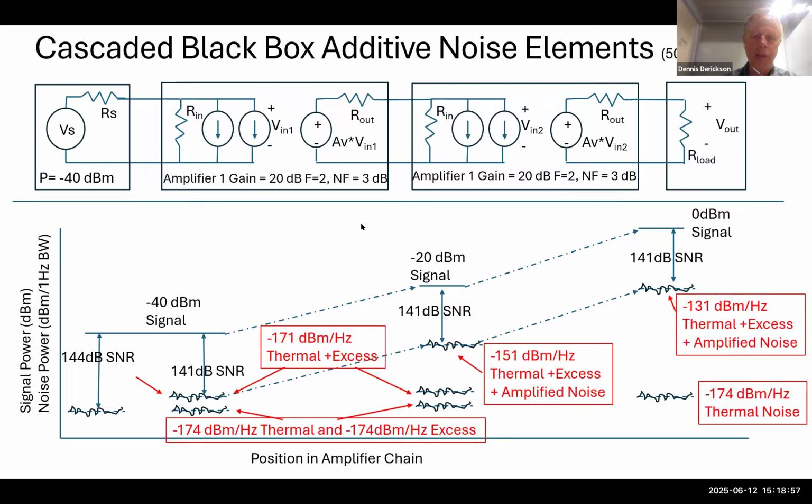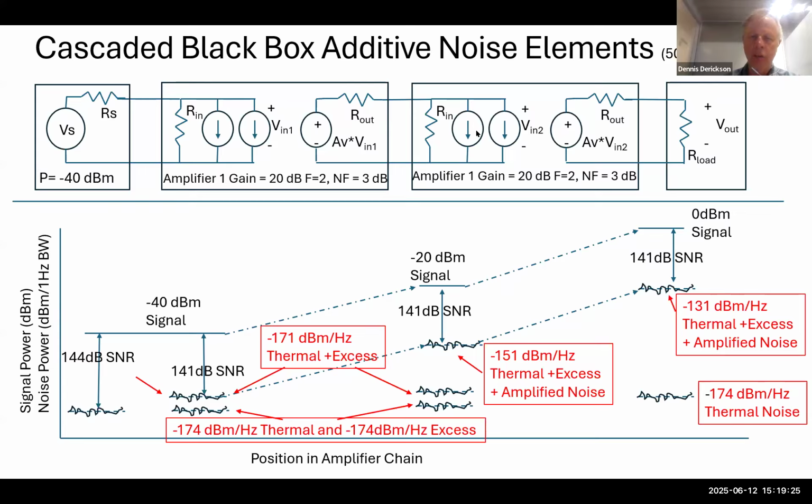We then amplify in this first stage. And so we increase the signal by 20 dB. We increase the noise by 20 dB, giving an output signal of minus 20 dBm and an input noise from the previous stage at minus 151 dBm per hertz. The input noise sources for the second stage are identical to the input noise sources right here. And so that's minus 171. So much smaller than the minus 151 from the previous stage, it doesn't matter.